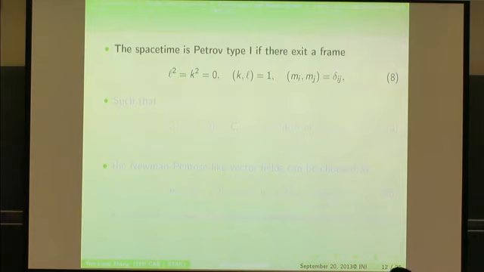So in higher dimensions, it was defined that a space-time is called Petrov type I if such terms vanish. This is just C, the Weyl tensor of the whole space-time, and these are the Newman-Penrose vectors. So if such a combination of the Weyl tensor vanishes, we say that the space-time is Petrov type I.